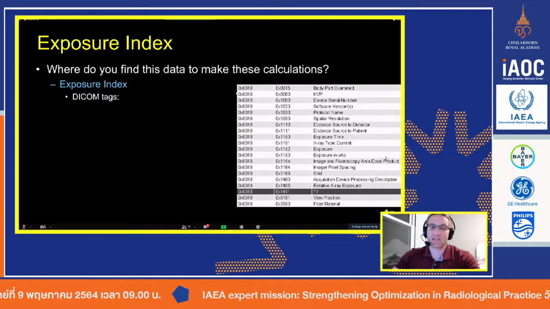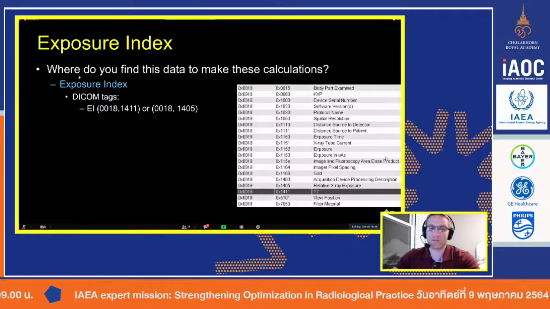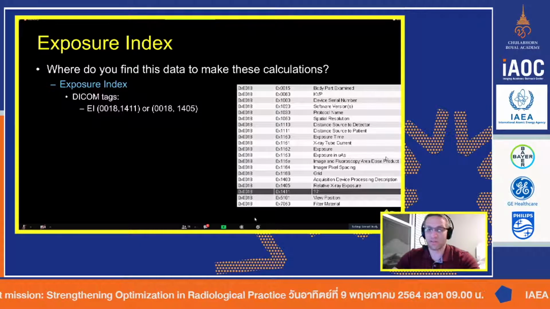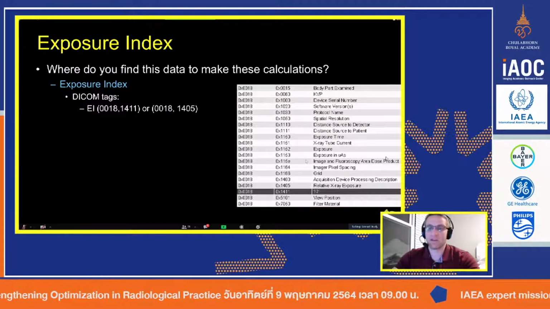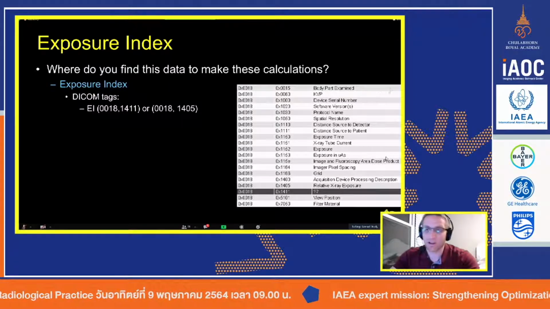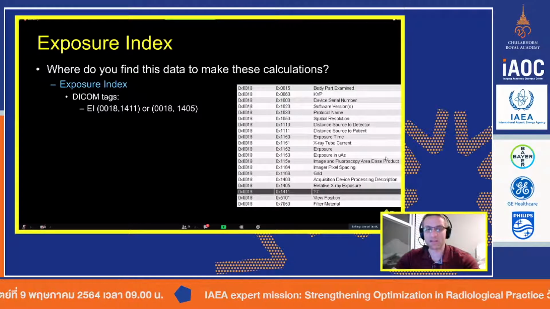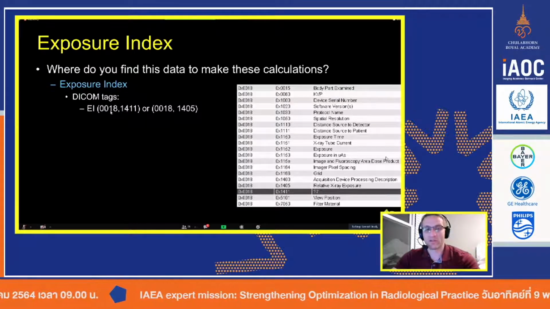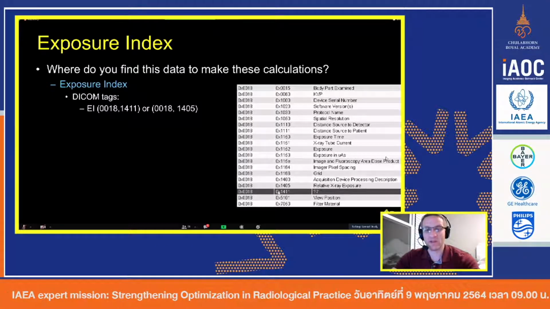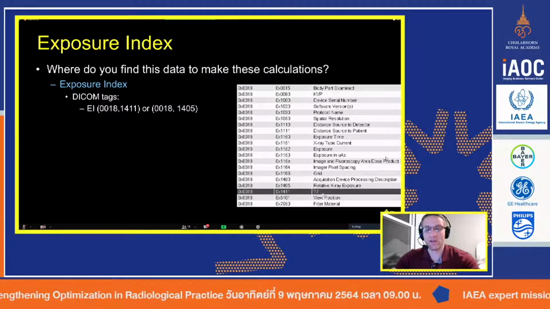And in that DICOM metadata, you can find the tag for exposure index. Here I'm showing you a picture from my PACS system for, I think, an abdomen body part exam. You can see here, if you go down to DICOM tag 18,1411, that value will be your exposure index.